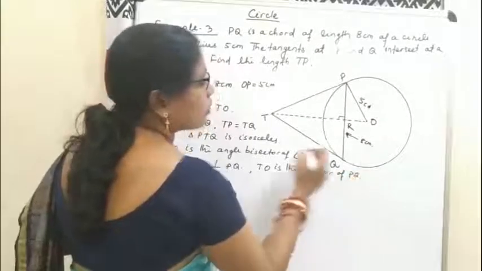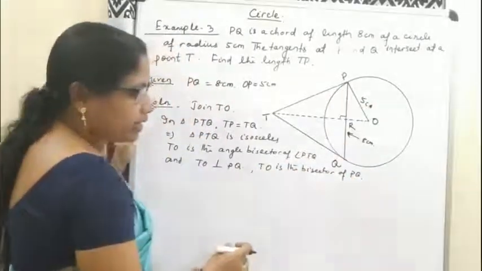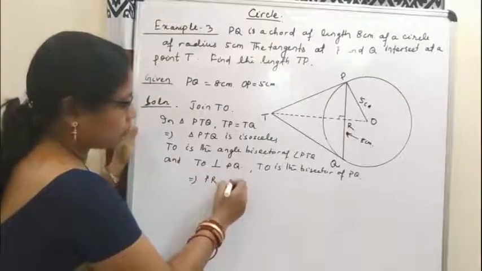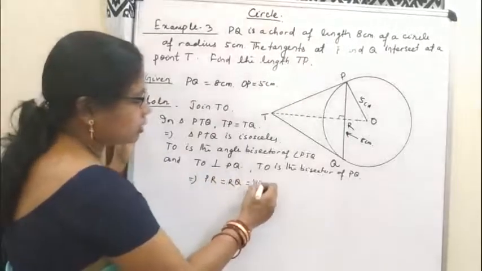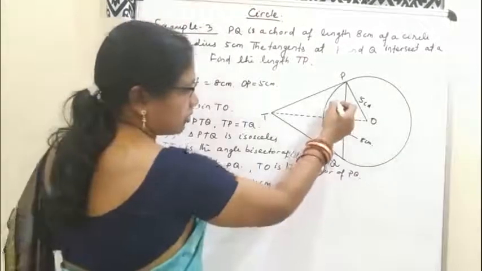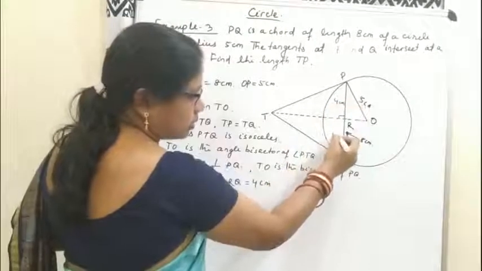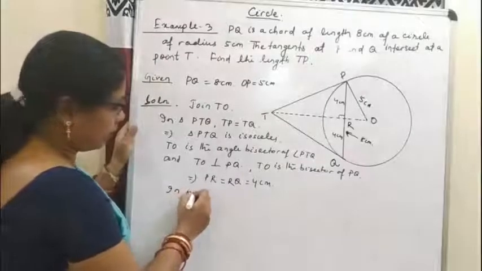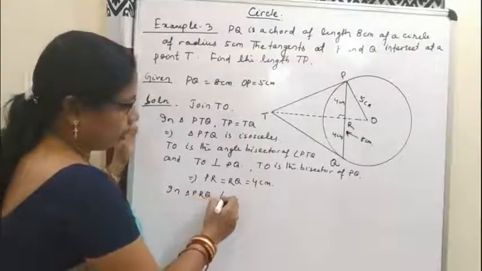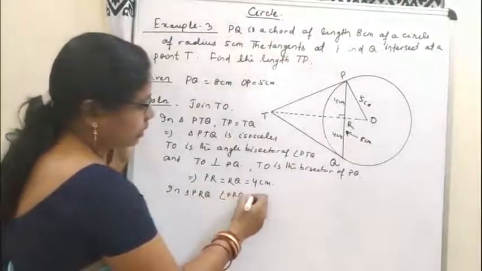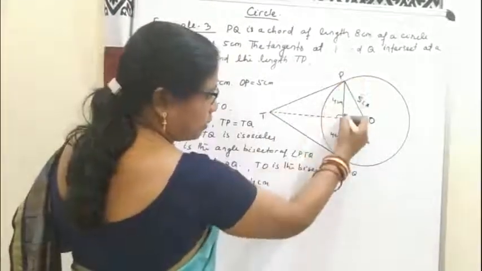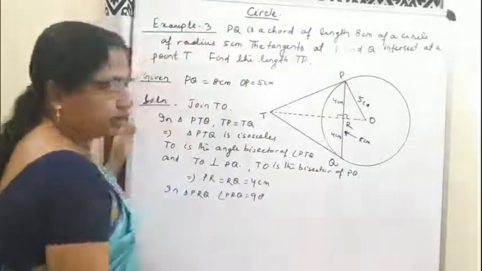So PQ is 8 cm, so this implies PR is equal to RQ is equal to 4 centimeter. This is 4 centimeter, this is also 4 centimeter. So in triangle PRQ, angle PRQ is 90 degree because TO is perpendicular to PQ. So this is 90 degree.